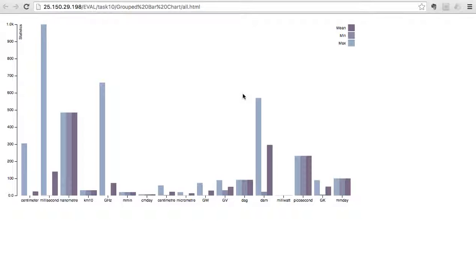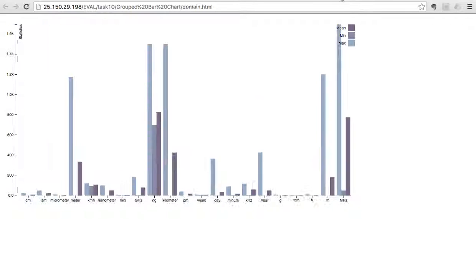We can see we have a mean, max and the average. And we can see that the measurements are very abundant for length, mass, and time, and some other quantities.